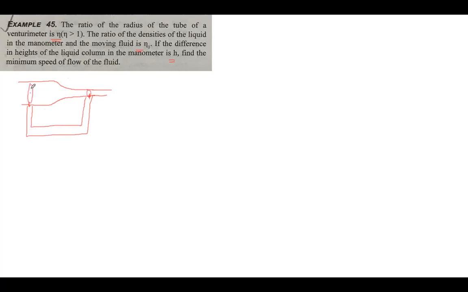Let's say radius here is R1, here radius is R2. So this is given R1 by R2 is equal to eta, right? We know that A1 is equal to pi R1 square, A2 is pi R2 square, A1 by A2 is equal to R1 by R2 whole square. So that is eta square, right? This is your first equation.